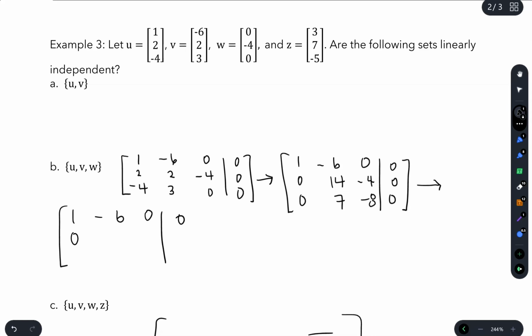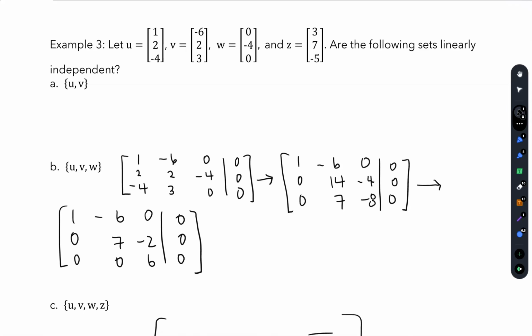Then if I take half of this, it's 7, -2. And then if you take that row and do this, that's 1, 0, 6. So either way, you should have gotten something to maybe this point.